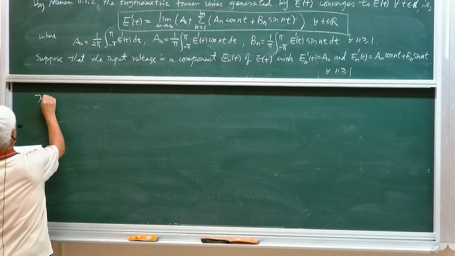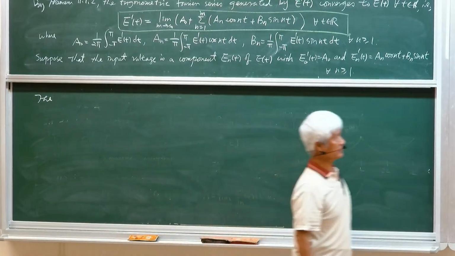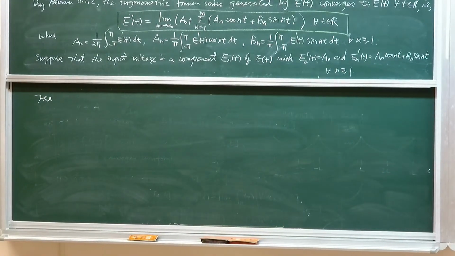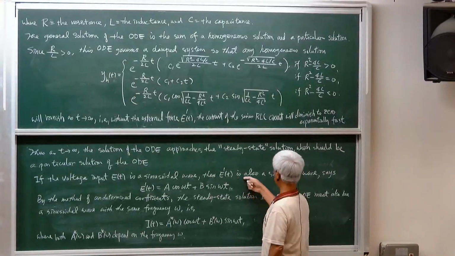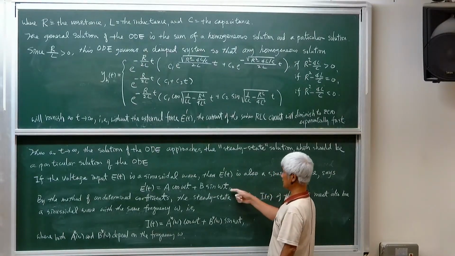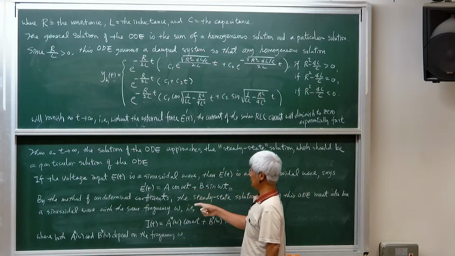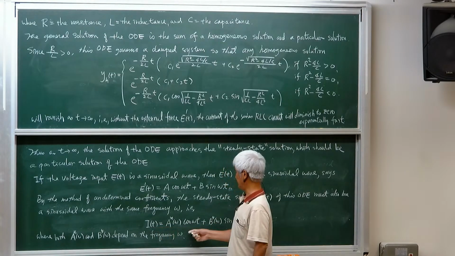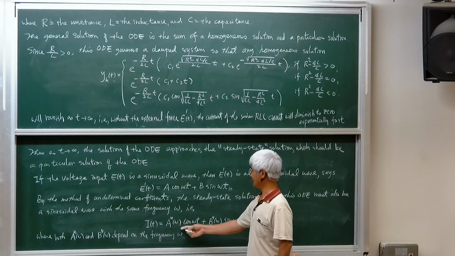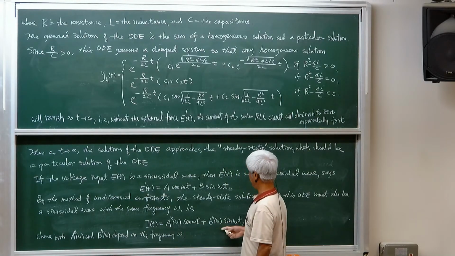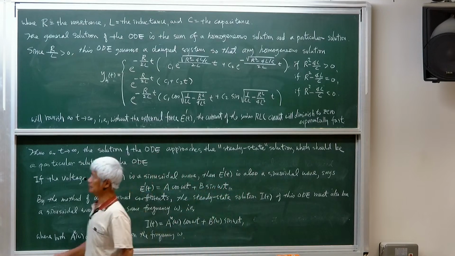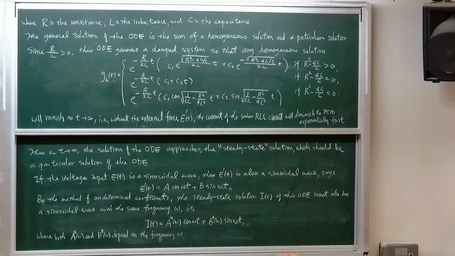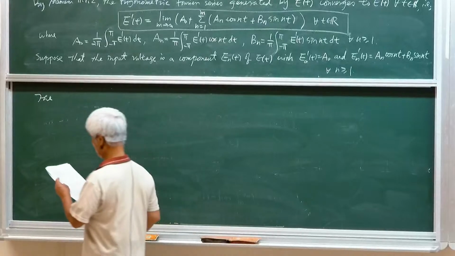Then by our discussion here, if E prime of t is a sinusoidal signal, then the steady state solution of the current is also a sinusoidal wave again.